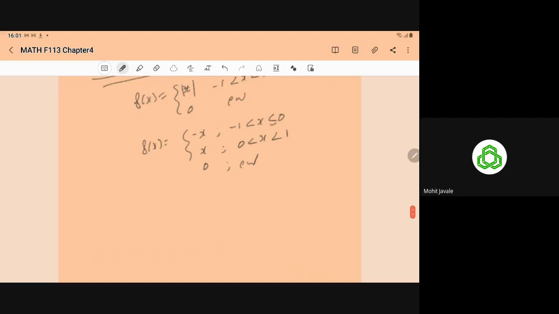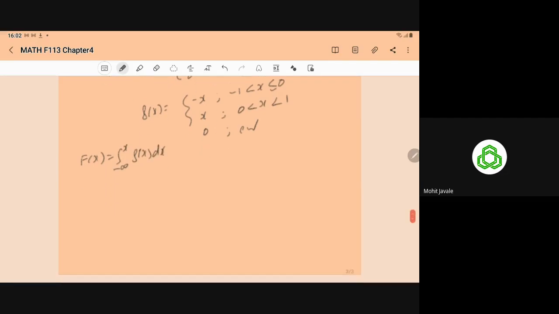And we know that the CDF is what? Accumulation of the probability up to that point, or the sum of the probability up to that point. So when we have to compute F(x), it is the integral from minus infinity to x of f(x) dx.